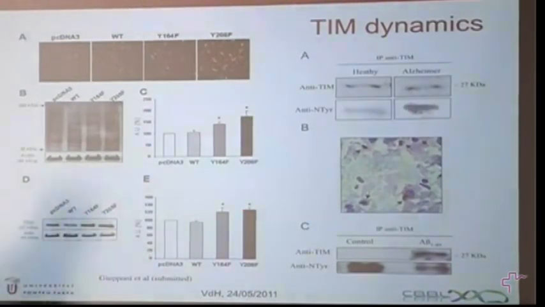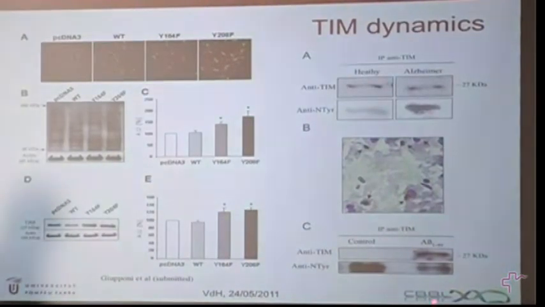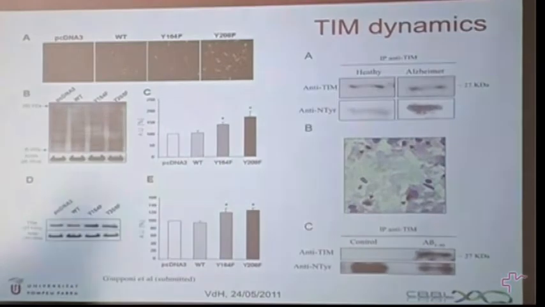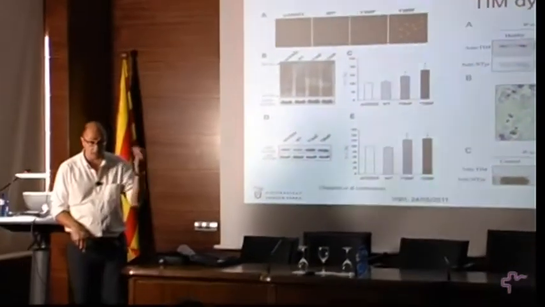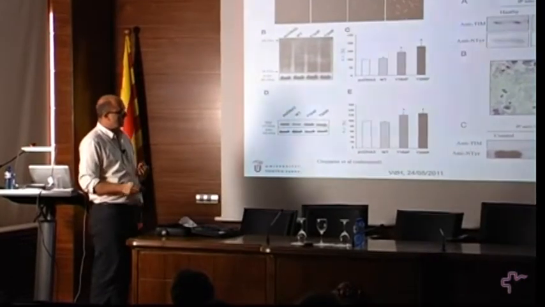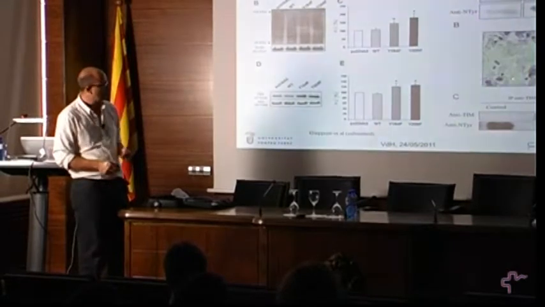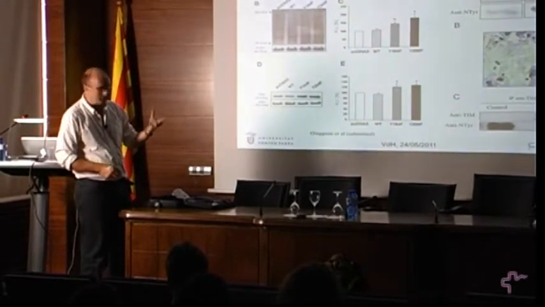After more experiments by the Muñoz group, they realized that it's true that this TPI is nitrated in Alzheimer's disease cells. Don't ask me about these bands because I'm very bad explaining bands, but probably you will understand much better than myself that this is the case here.